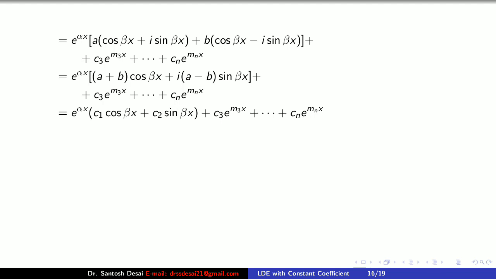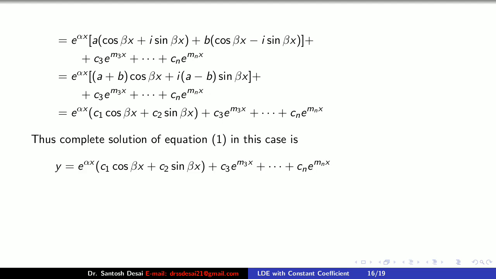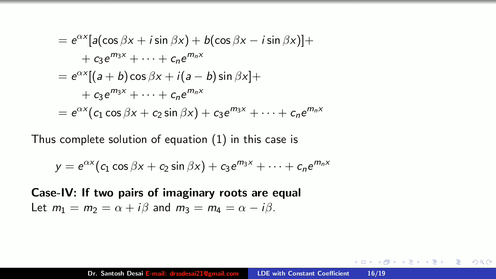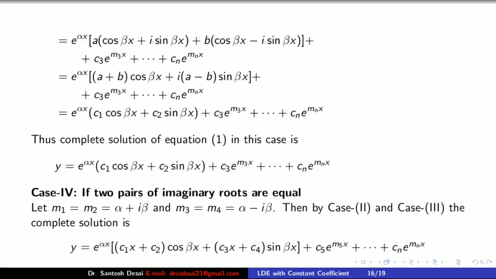Now we consider the last case. If two pairs of imaginary roots are equal, let m1 = m2 = alpha + i beta and m3 = m4 = alpha - i beta. Then by case 2 and case 3, the complete solution is y = e^(alpha x) because the roots are imaginary.